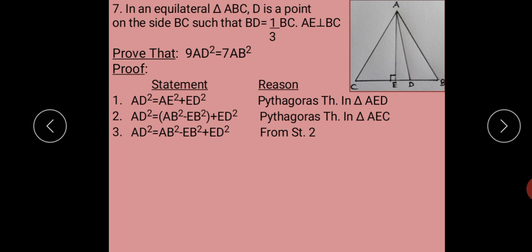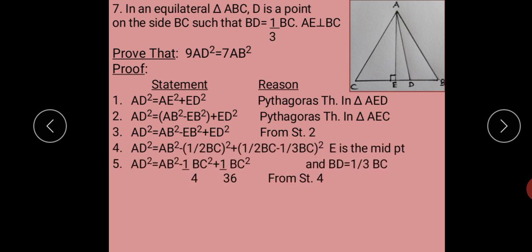ED is equal to BE, which is half of BC, minus BD, which is 1/3 of BC. We'll see the statement. AD square is equal to AB square minus half BC square. Now, in place of ED, it is half minus 1/3, half BC minus 1/3 BC whole square.